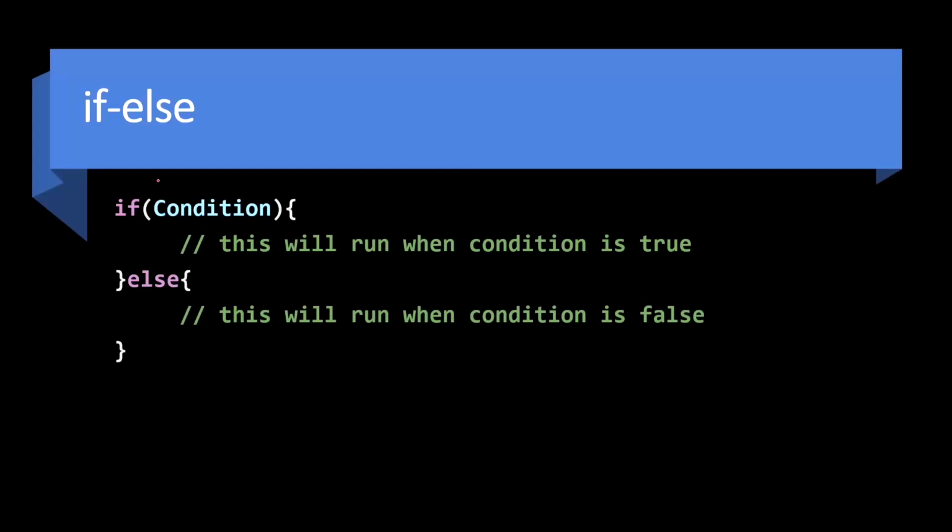First we use the if keyword. This is the if keyword, and after that we provide the condition. The condition can use a relational operator, or we can use a logical operator.